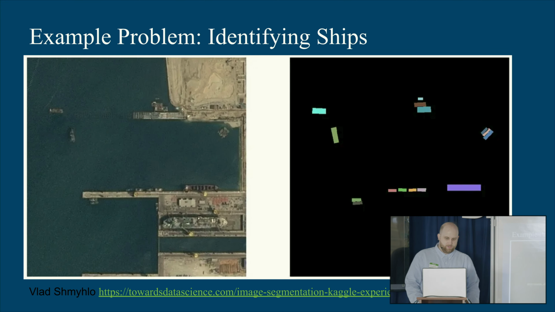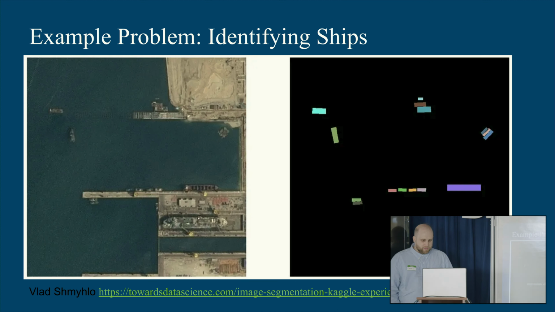So we'll go with a simple example here. Suppose you have a client or are working for someone and they have a task for you to accomplish with machine learning on identifying ships from satellite photos.